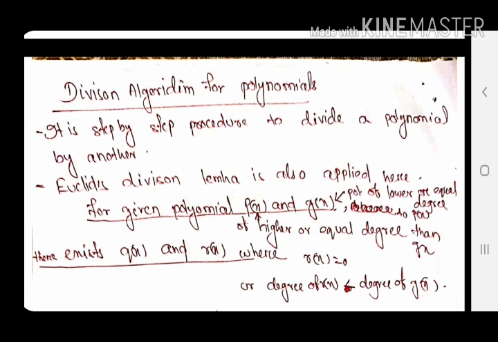So if you divide a polynomial by another polynomial, you get a quotient that is a polynomial and a remainder that is also a polynomial.